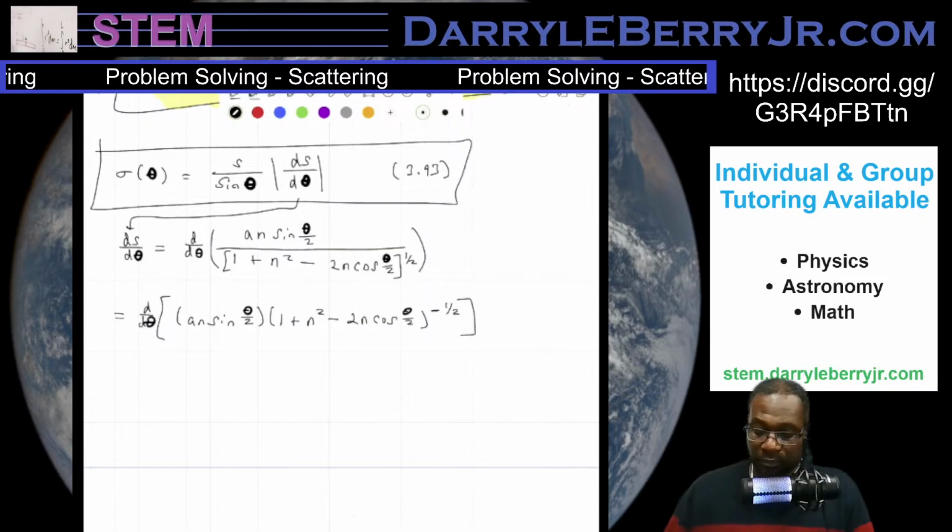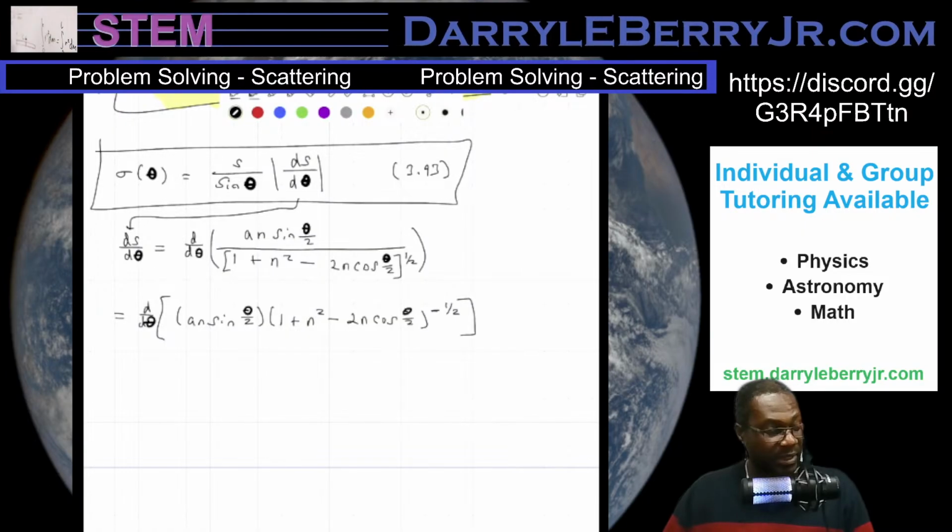So it'll be basically the derivative of the first term plus the derivative of the second term.